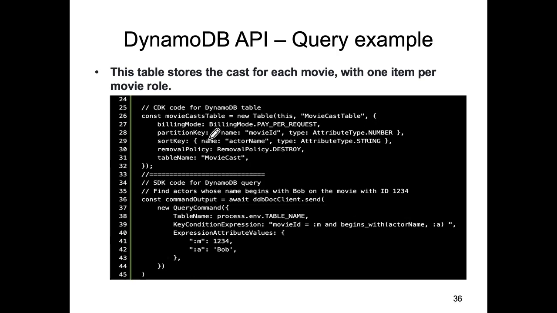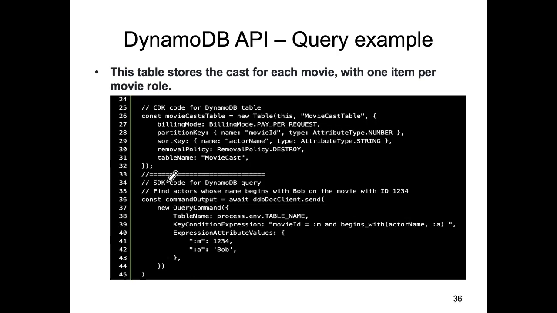Clearly the same actor is going to appear in many movies, but that's fine. The combination of actor name and movie ID is going to be unique for each item in this table, and hence it qualifies as a primary key. The rest is as before: actor name is of type string and movie ID is of type number.